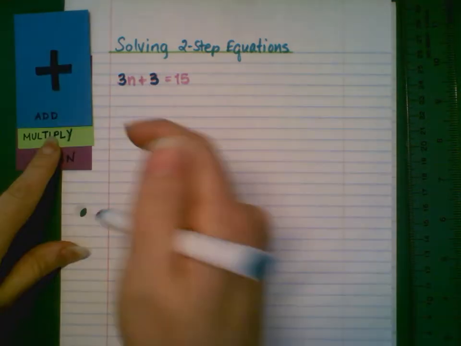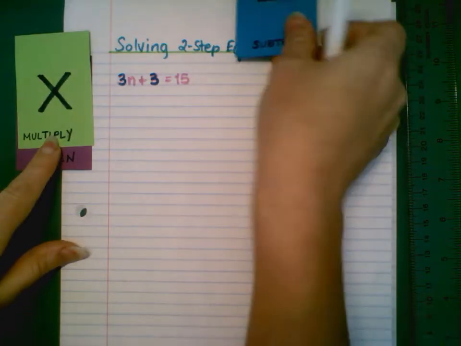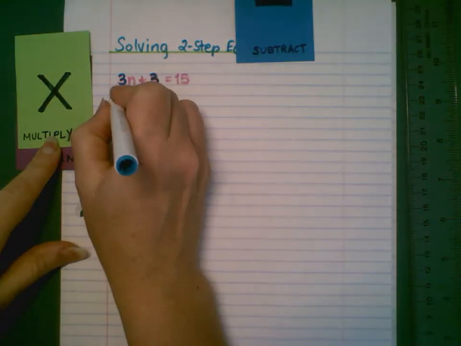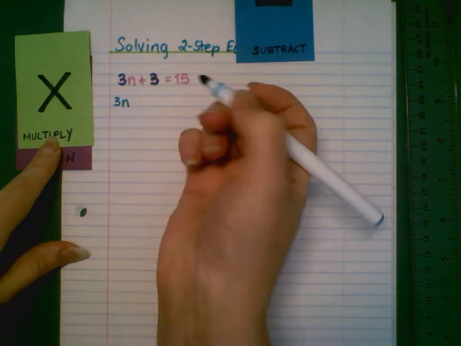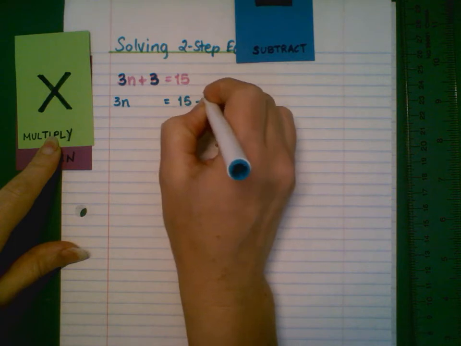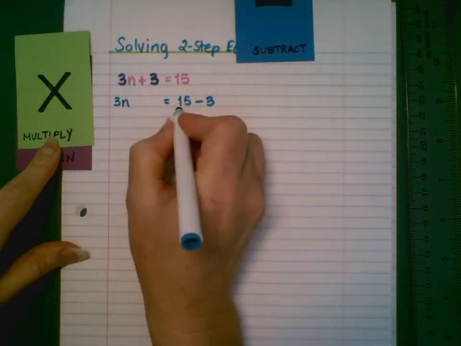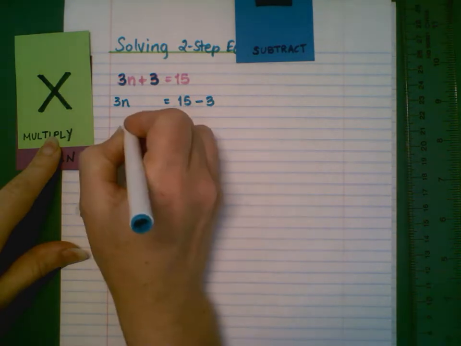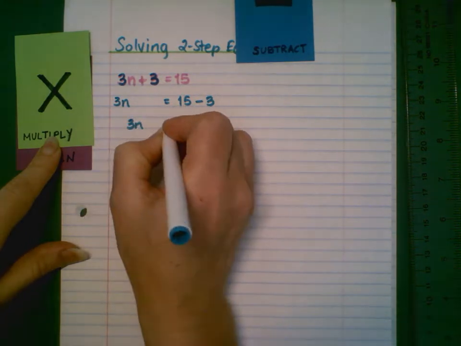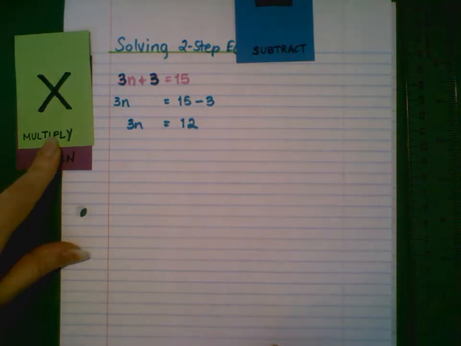So to undo the addition of 3, I will subtract 3. I can do that subtraction right away. So I get 3n on the left, and I am now down to 12 on the right.